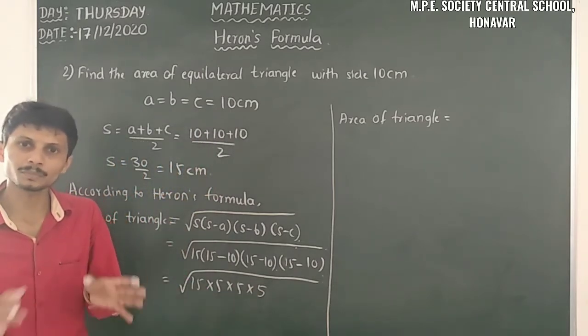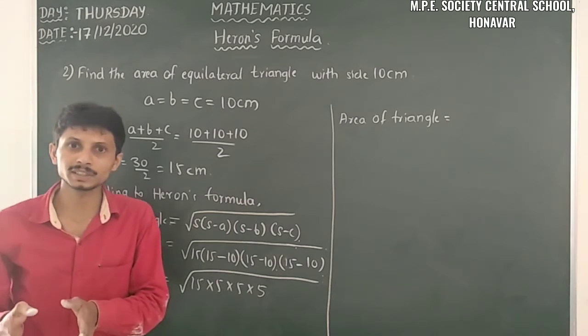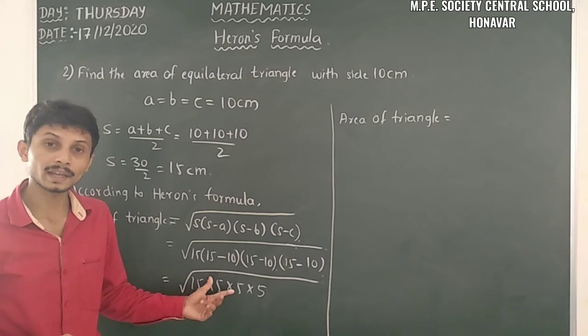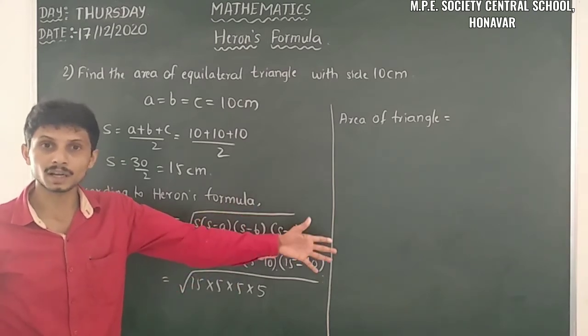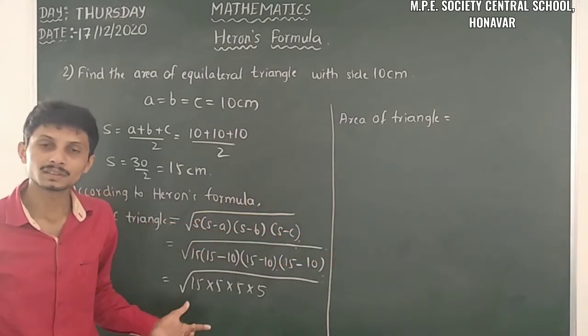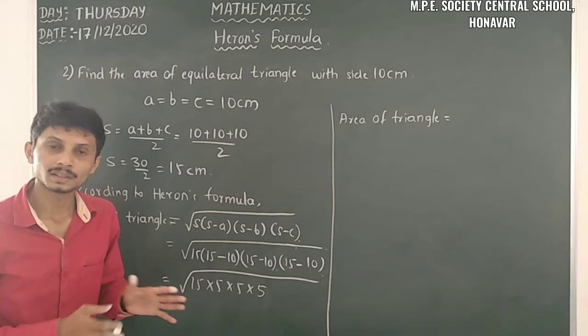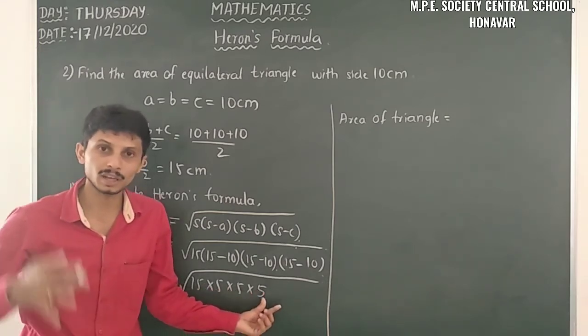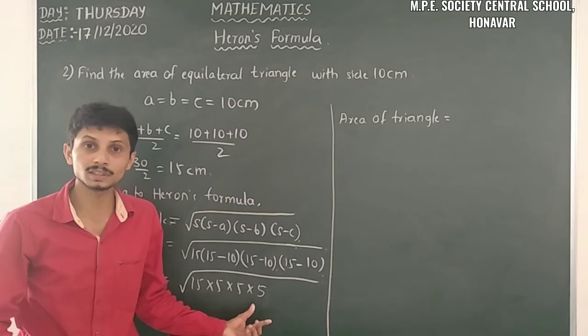But sometimes some mistakes happen, which leads to the wrong answer. So that's why just take it individually: here 15, here 5, here 5, here 5. We have to think about that so we can easily solve.